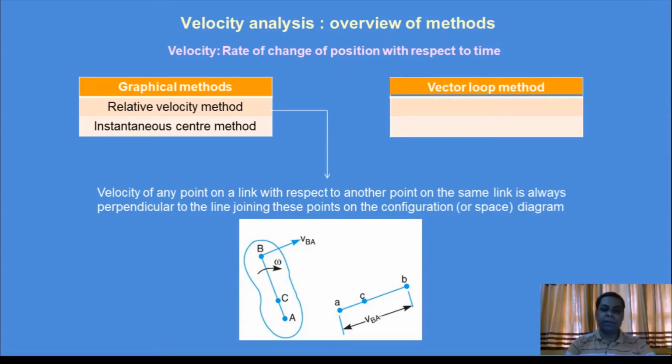At point B, the velocity component acting perpendicular to the line joining AB, because it is rotating with angular velocity omega, is called the velocity of B with respect to A, or velocity BA.